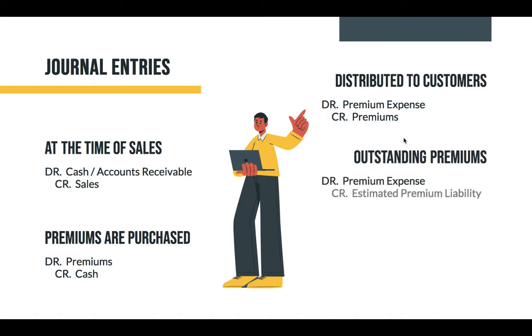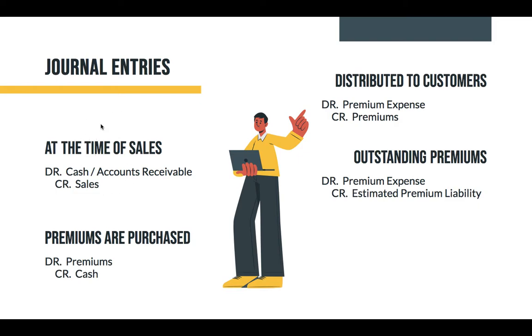On the fourth date is the outstanding premium, which is to recognize outstanding premiums at the year end. These are the premiums left that we haven't distributed. As I mentioned earlier in the discussion of chapter 1, we need to recognize the expense at the time it's related to the actual sales.